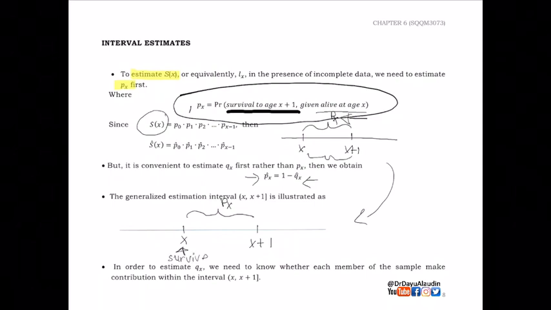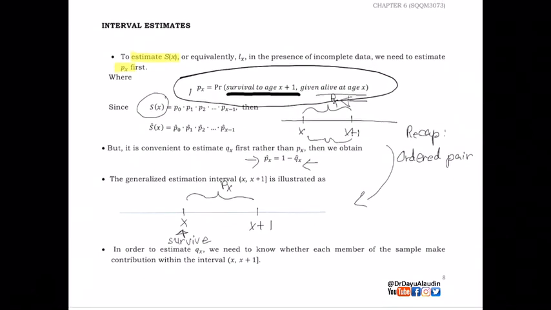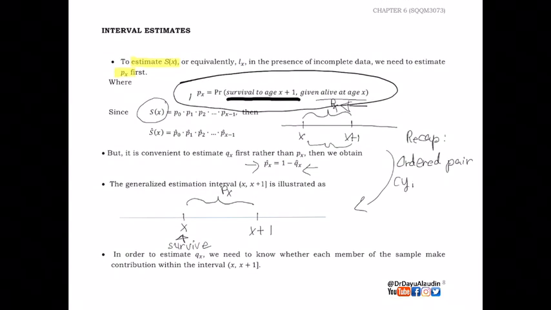must be survive. Last time we covered the ordered pair. So the ordered pair is YI and ZI, where YI is the entry age and ZI is the exit age.